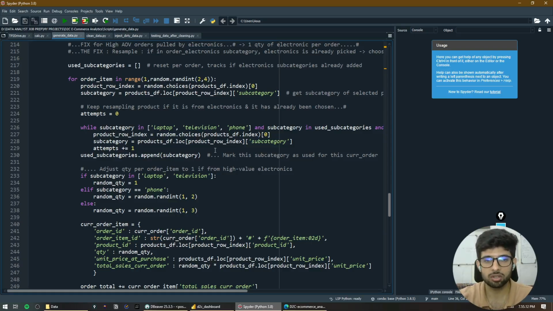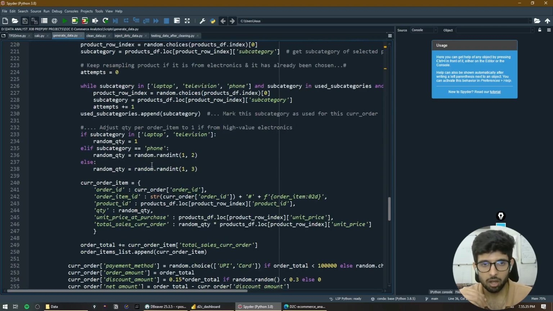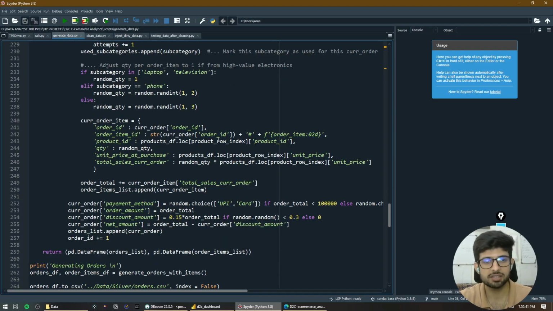No one orders 3 lakh worth of laptops. So I have made a hard capping where no customer buys two laptops or two TVs in a single order. That's not how humans shop. So these were the challenges that I faced while generating the data.